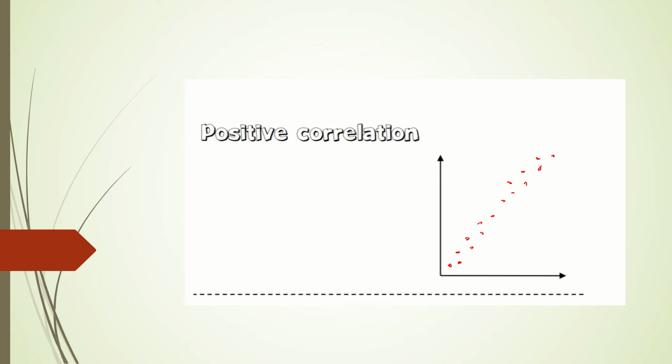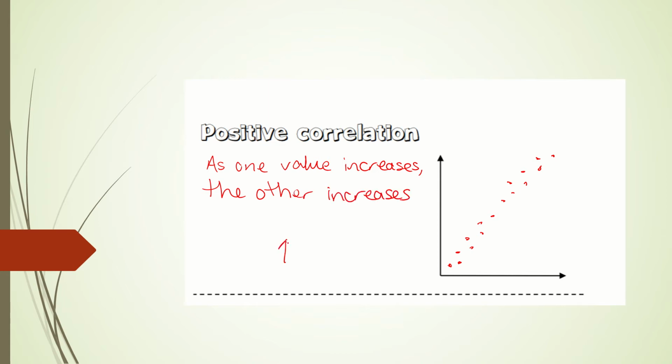So then a positive correlation, what that means is that as one value increases, the other increases. And we're going to show 2 upward arrows.